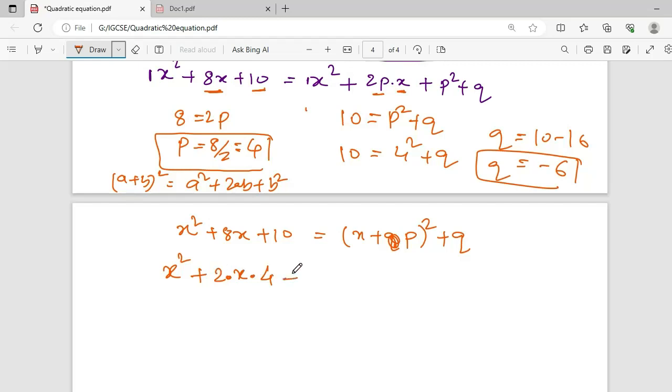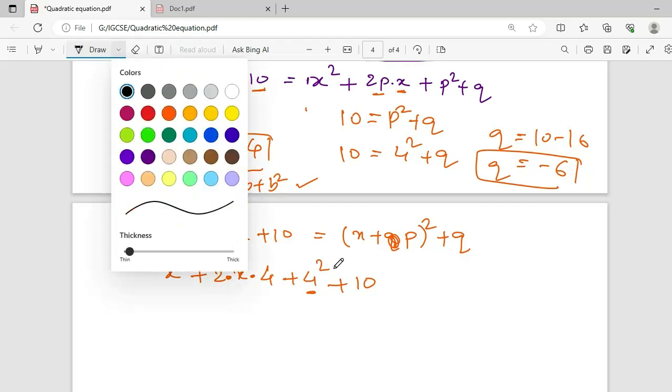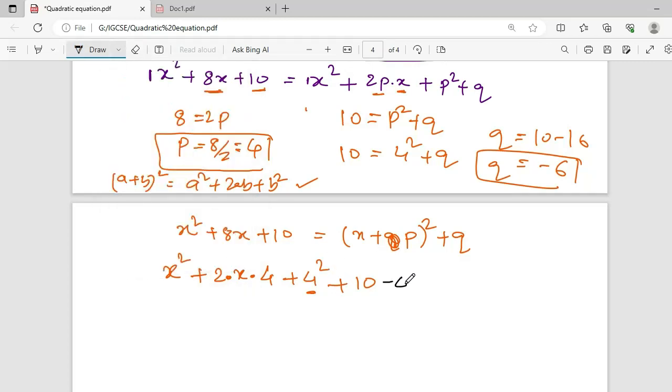So our third term, we are going to write 4 square in order to complete this, plus 10. Now if you see here, this 10 is there, 8x is there, x square. What additional did we add here? 4 square. I'm going to subtract it here.